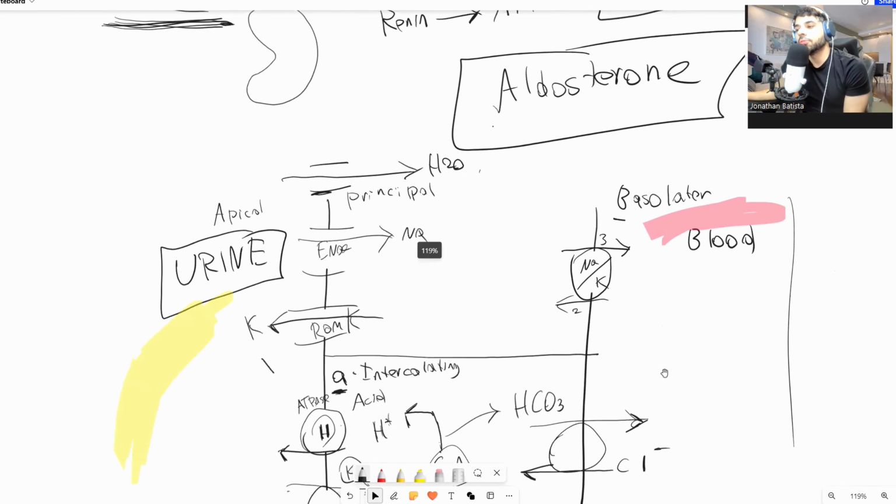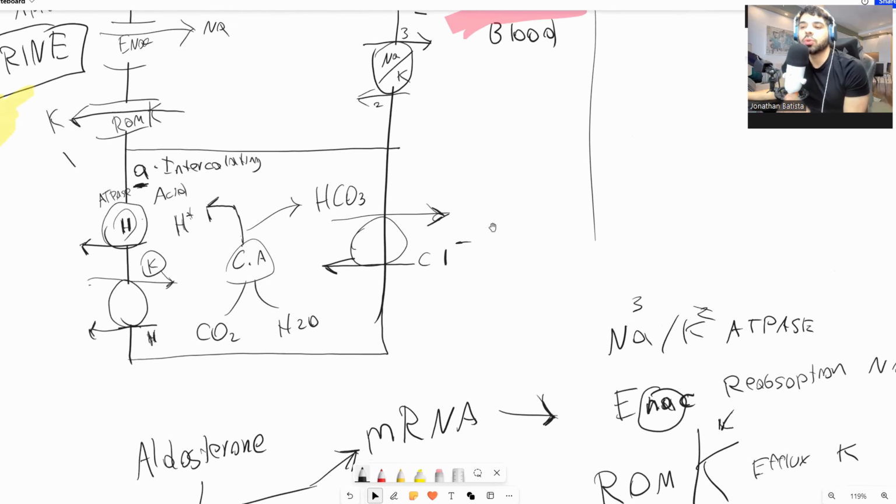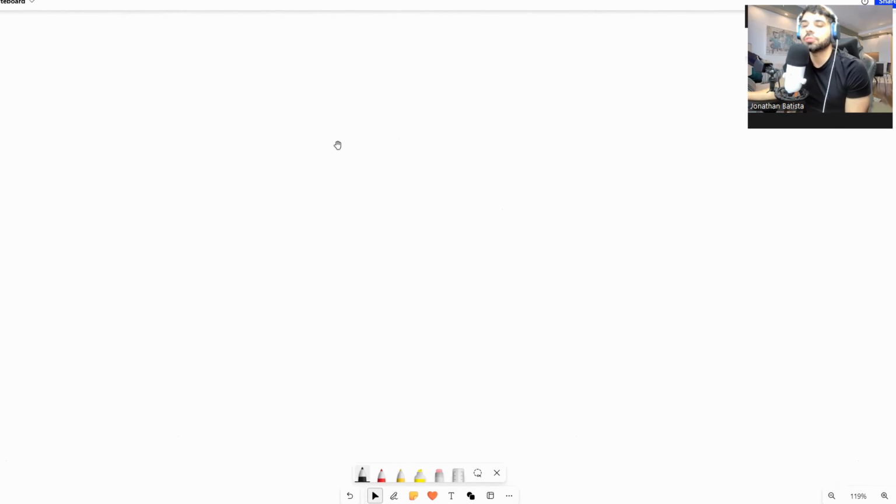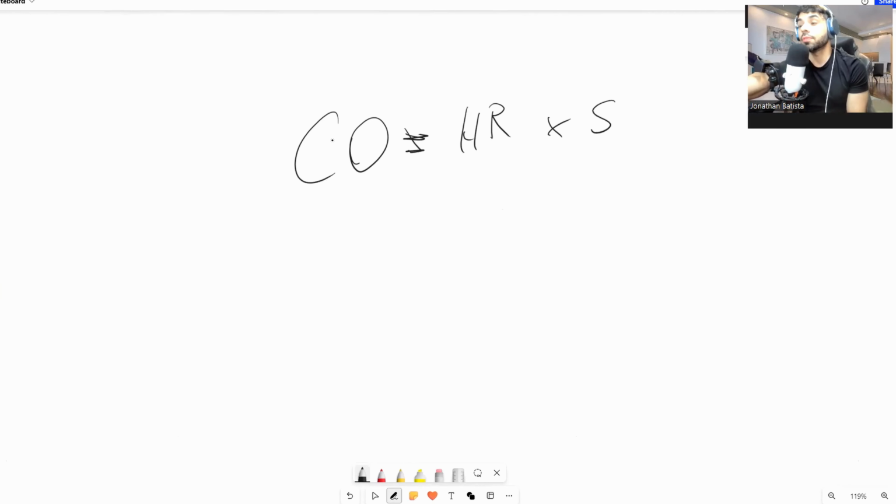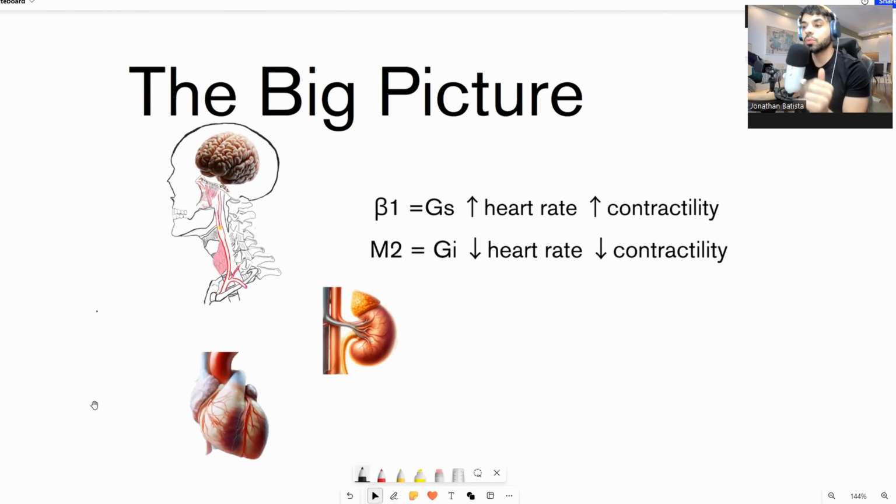Now, I should also mention, so what do I mean by this? Let's put this back into physiology. I feel like we just did renal out of nowhere. But okay, cardiac output equals heart rate times stroke volume. What I'm telling you is that the first one of the CAP system was C, contractility. Remember, there wasn't sufficient volume to stimulate the carotid sinus.